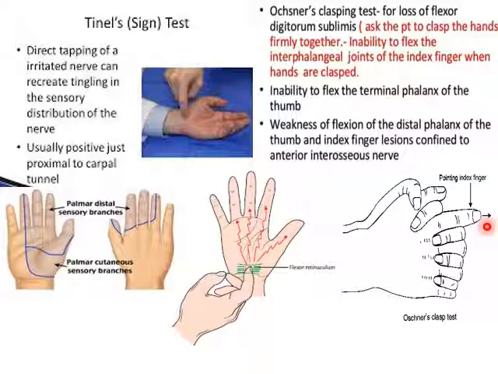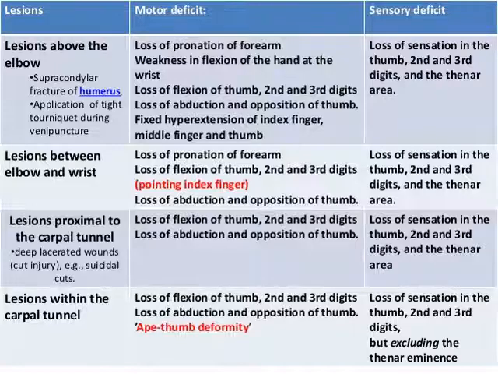If there is pointing index finger, that depicts compression of the median nerve above the mid forearm or injury to the anterior interosseous nerve. So this is a very brief summary of the applied aspect of the median nerve.